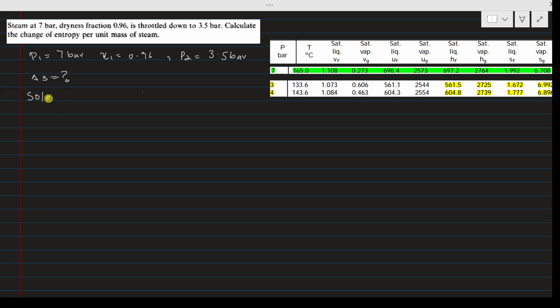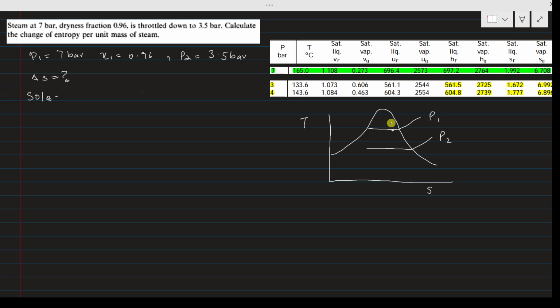Solution: if I draw this process on a T-S diagram, that is what the statement says. P1 is this line, and this low pressure line is P2. Initially at pressure P1 the steam is in the wet region, and after expansion it will obviously be in the wet region again.